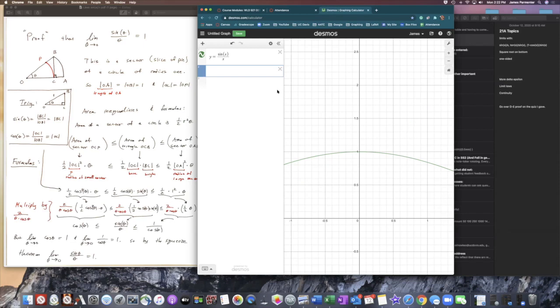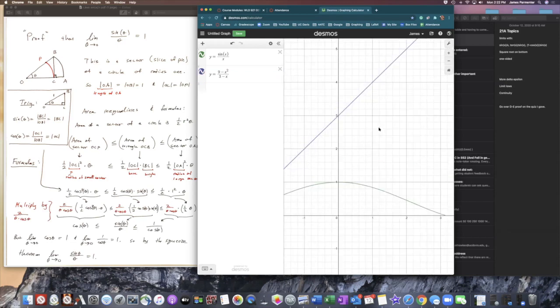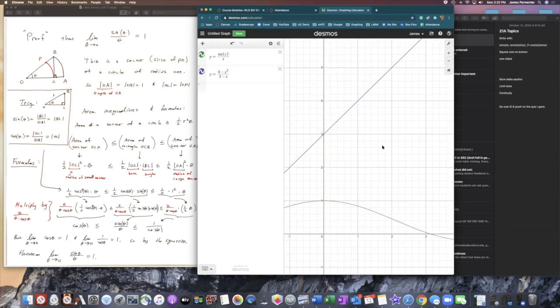For example, we talked about this example, 9 minus x squared, divided over 3 minus x. We know that this line should be undefined at x equal to 3, because if you plug in 3, it's 0 over 0.